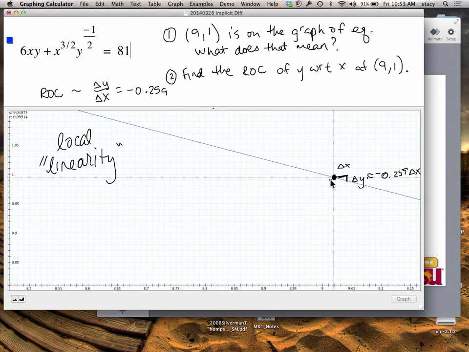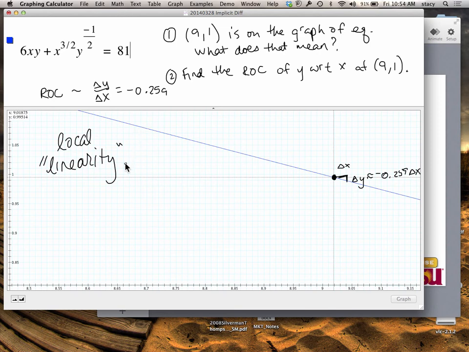So in particular, if it looks linear, then I can write a linear equation for what happens between x and y near this point, right? So we were at the point 9, 1. We found that the rate of change near that point is negative 0.259.